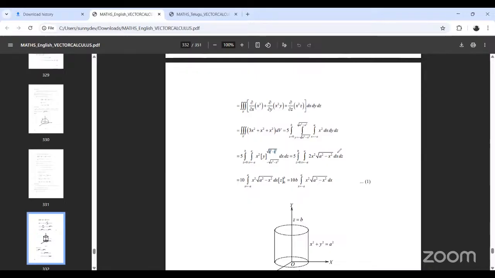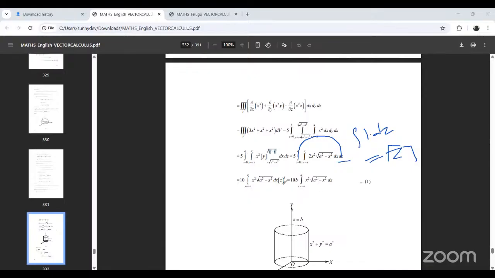Next, we have to do the integration with dz. Integration of 1 into dz becomes z.